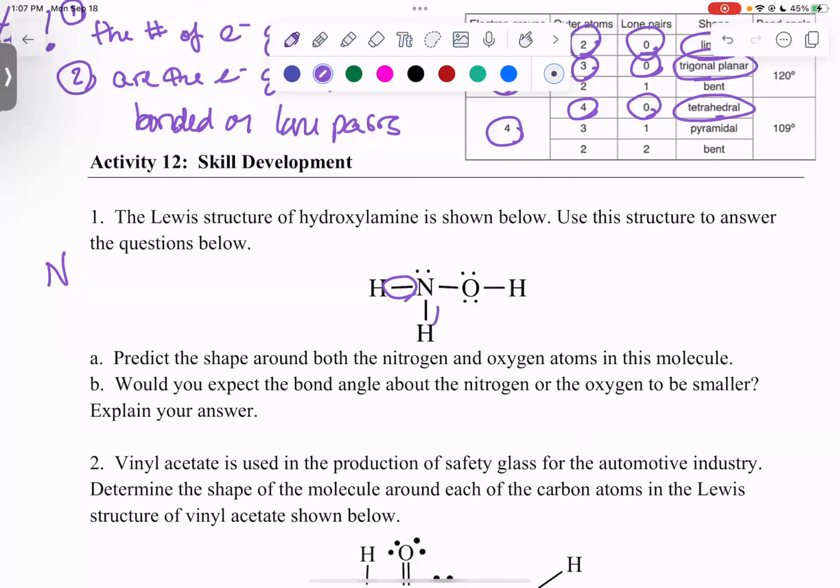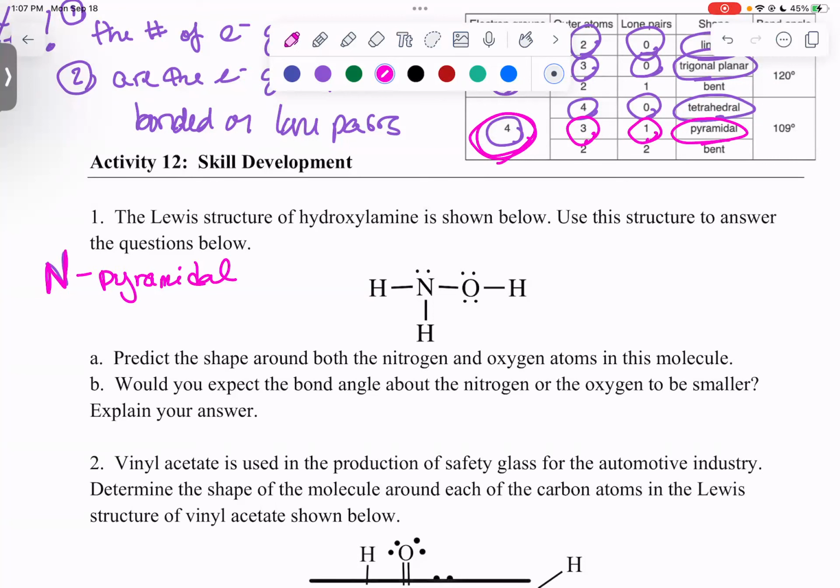Well, 1, 2, 3, and don't forget 4 is our lone pair. So if I have 4, let's do nitrogen in pink. I have 4, and then of those 4, I have 1 lone pair, and I have 3 outer atoms, so I am pyramidal. Okay, so that's a bond angle of a little less than 109.